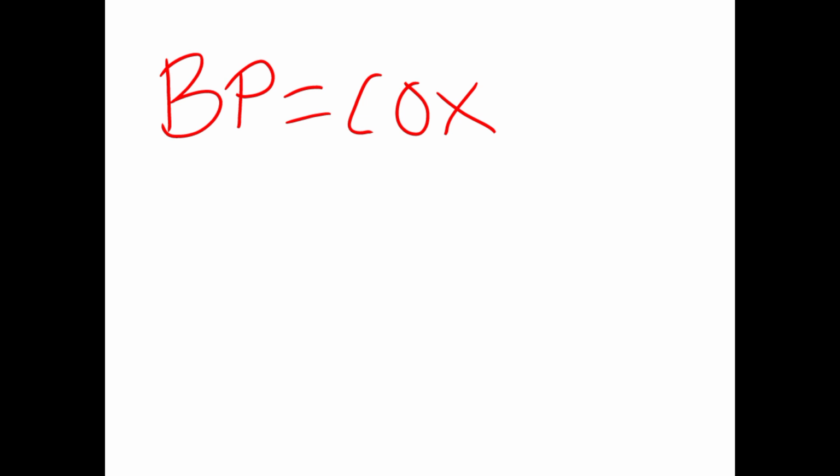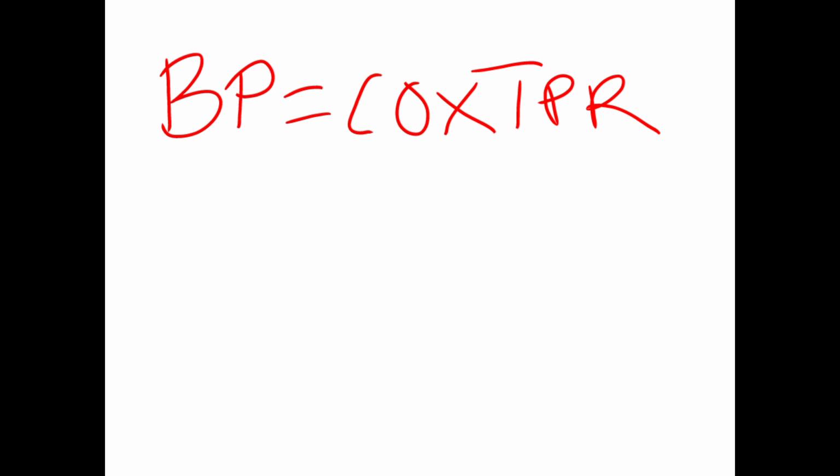In this video I'm going to summarize the concept of blood pressure and its determinants. I'm going to use a simple equation: BP, which is blood pressure, is equal to cardiac output times total peripheral resistance.